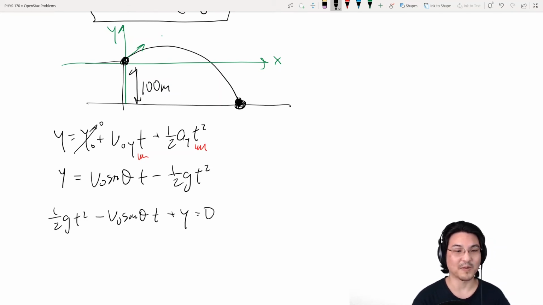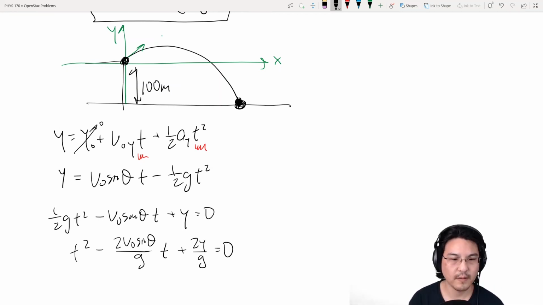Then we're trying to solve for t. Let me get rid of this leading coefficient, so I'll multiply everything by 2 over g. And then quadratic formula.